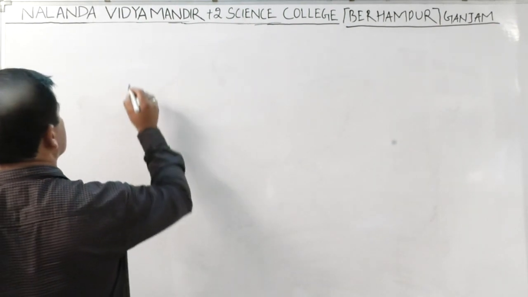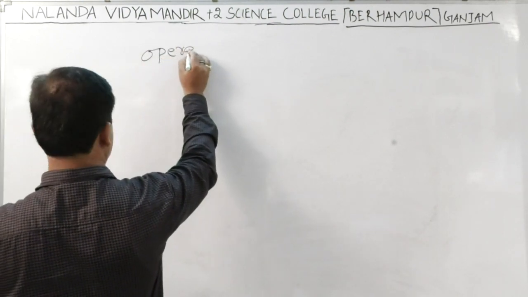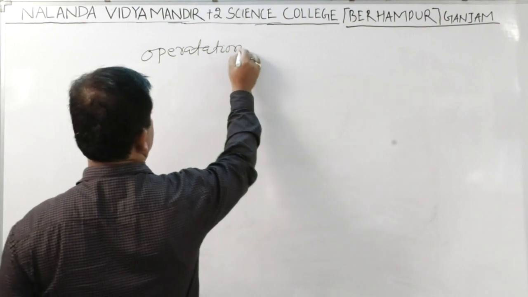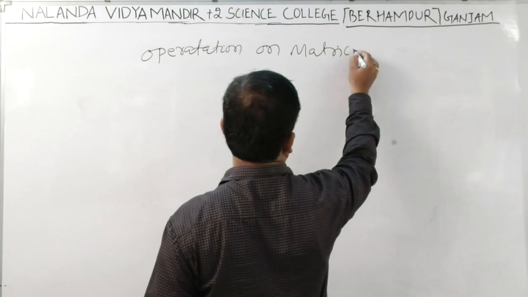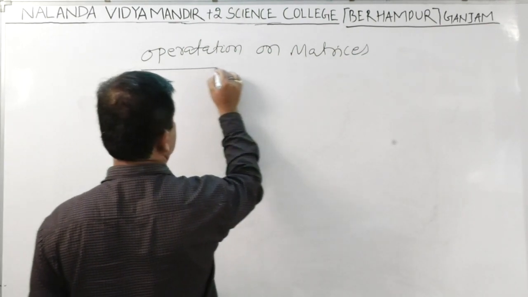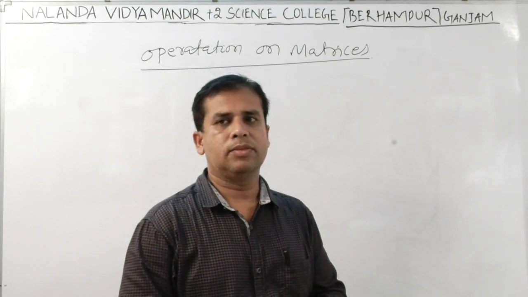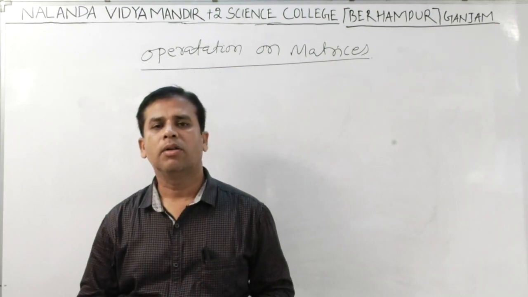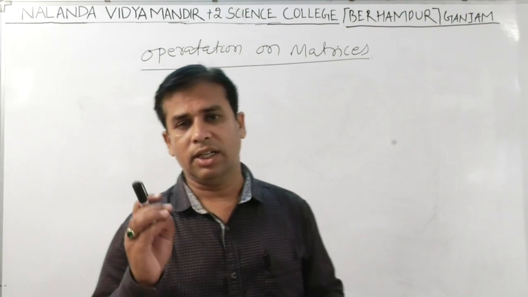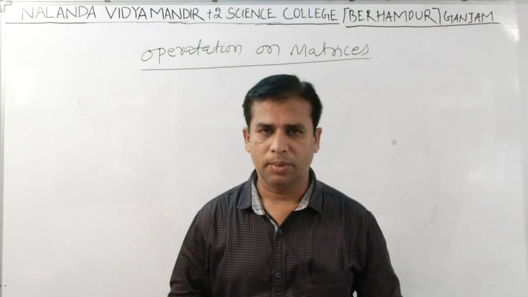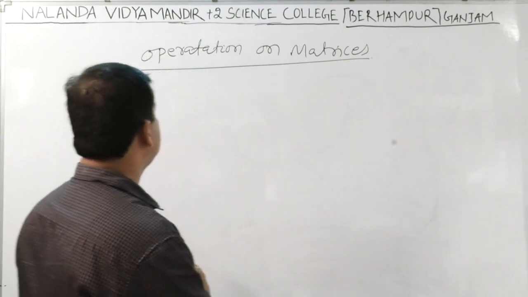Now we go through operations on matrices. Operation on matrices means some algebraic operation on matrices. We know algebraic operation means addition, subtraction, multiplication and division. These are normally algebraic operations.